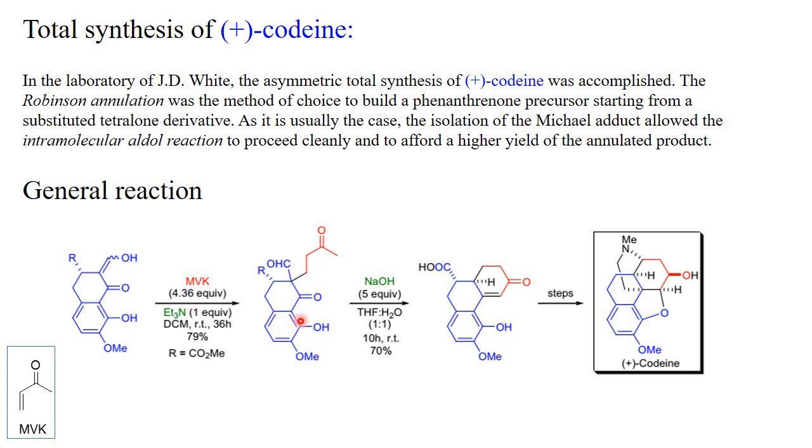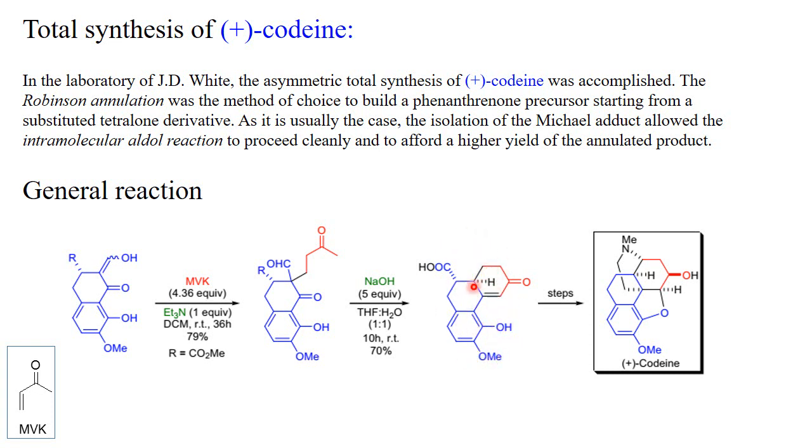See the reaction. This is a tetralone derivative. Tetralone is a compound which contains a bicyclic system, one aromatic ring, and the other a cyclohexanone ring system. It has substituents, so it is a tetralone derivative.